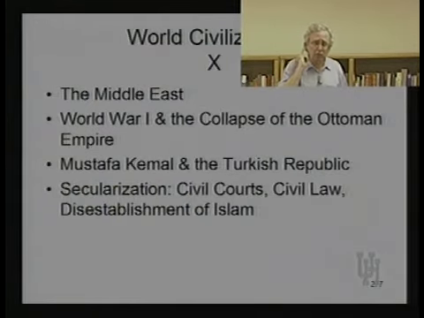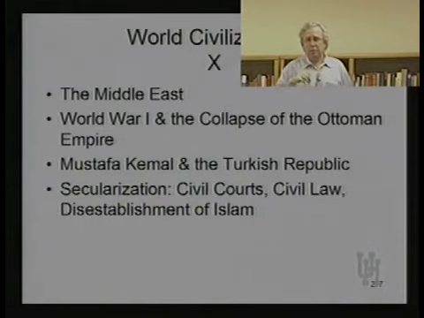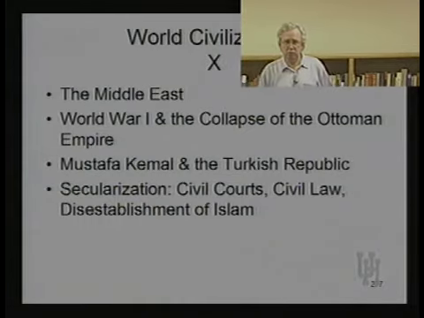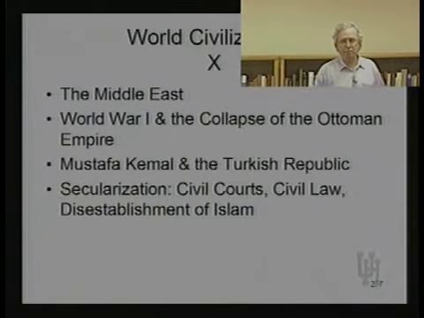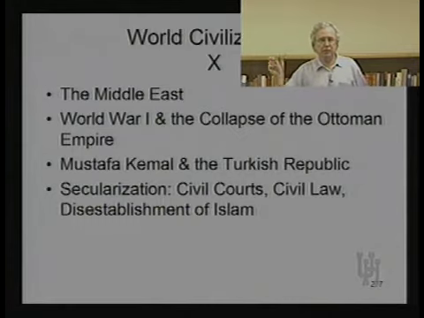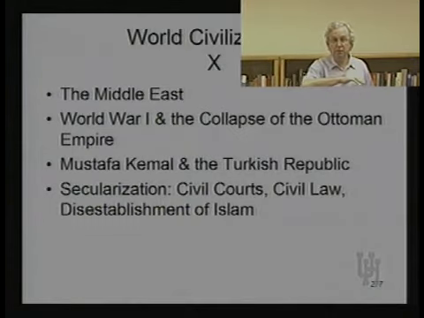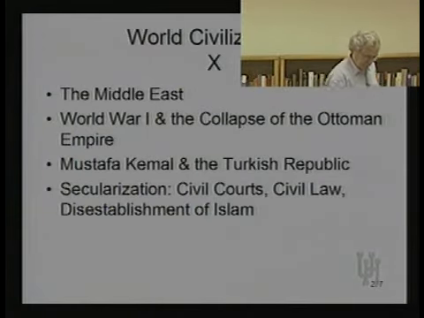And indeed, Islamic law should rule. Politics should be rooted in Islamic tradition, as should social codes, social mores. These three contending political traditions are what come to dominate the Middle East in the 20th century.